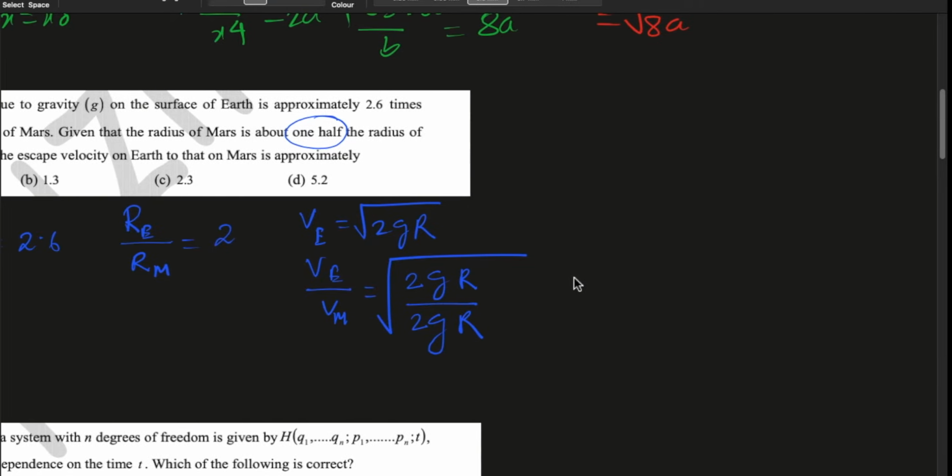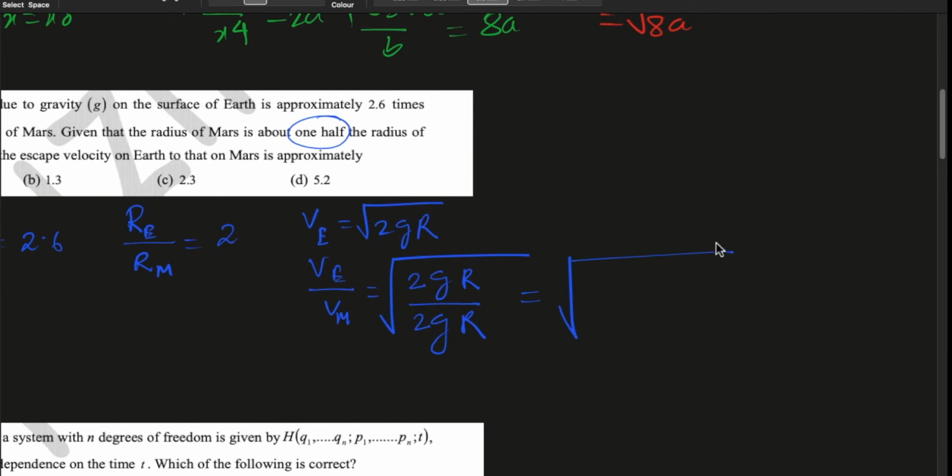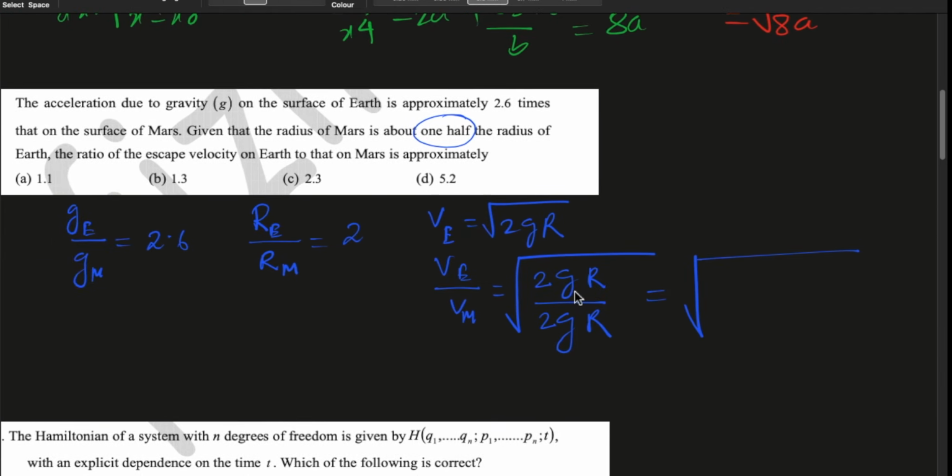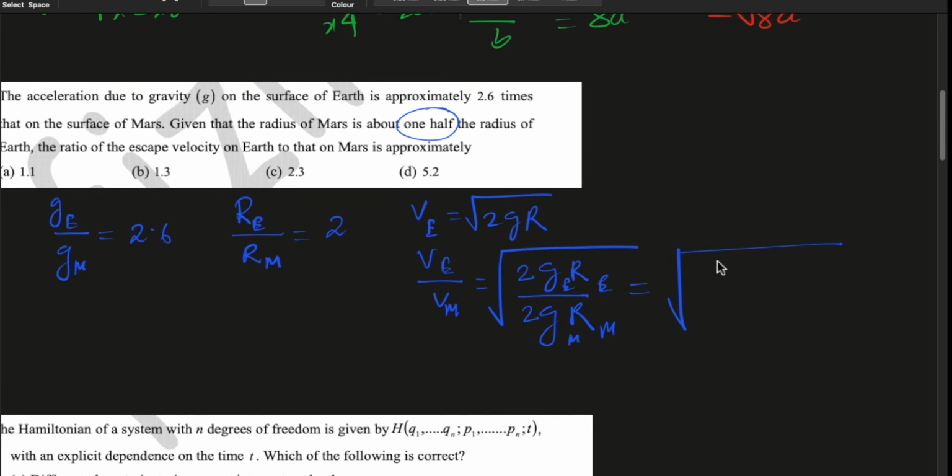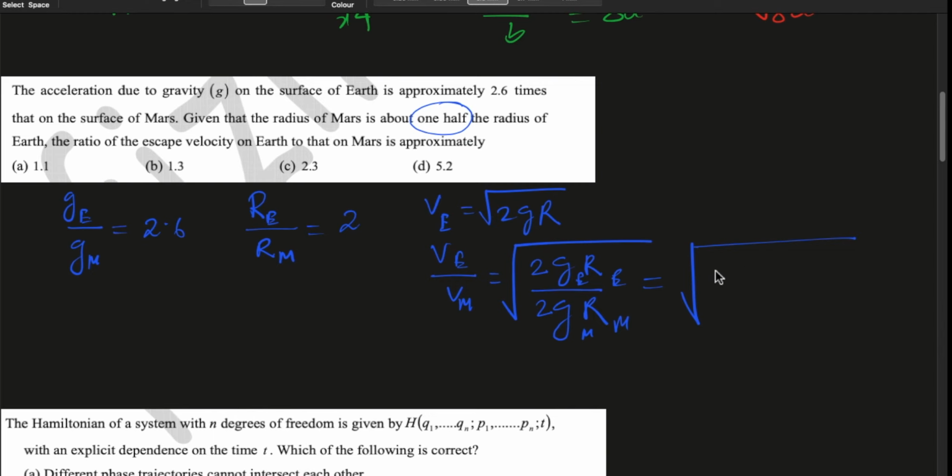That is the ratio we want to find. Now the 2 will cancel out. What is the value of g_E by g_M? g_E by g_M equal to 2.6, and R_E by R_M is 2.